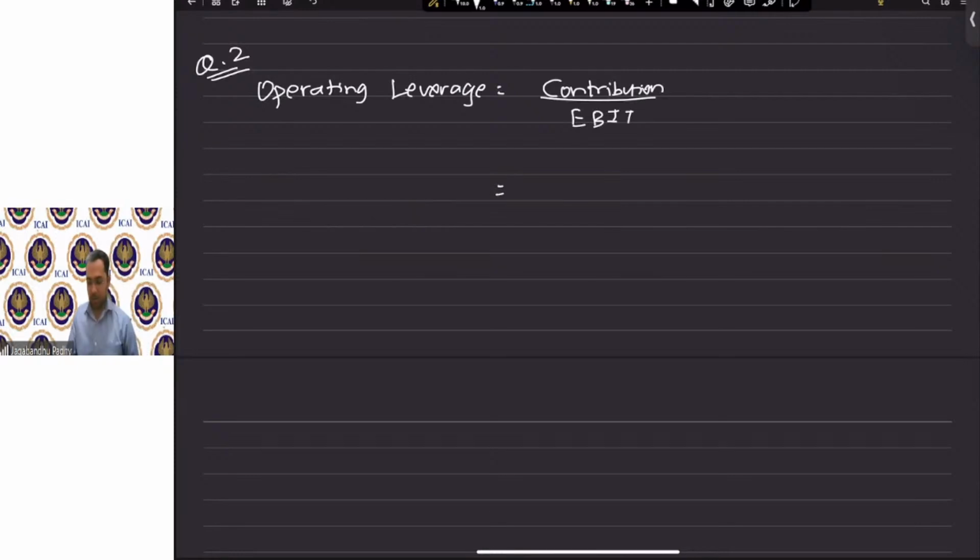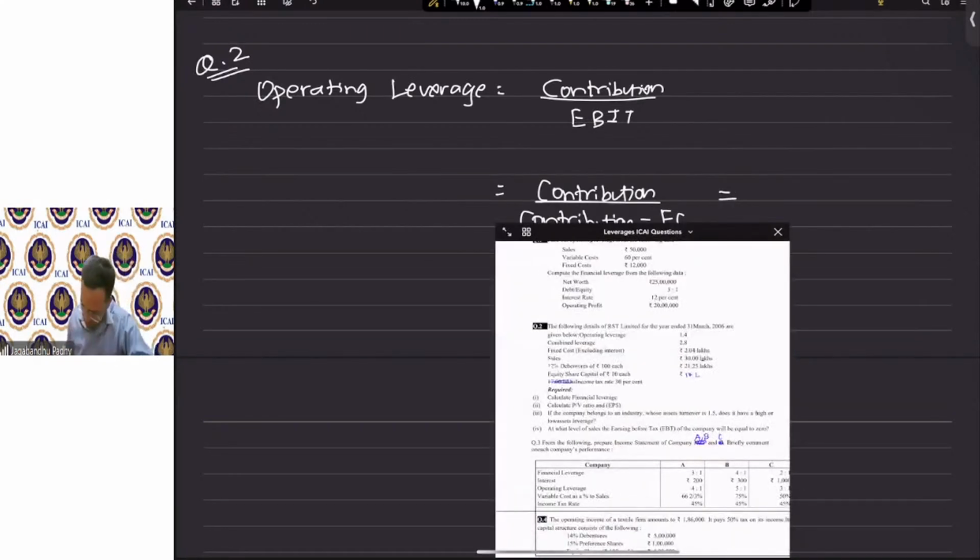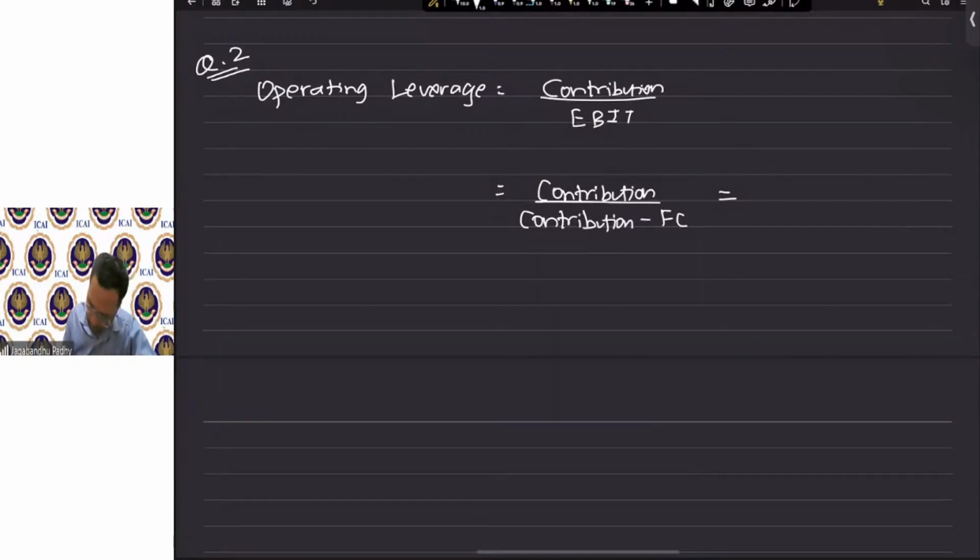We can rewrite this formula as contribution upon contribution minus fixed cost, and that is equal to 1.4, right?